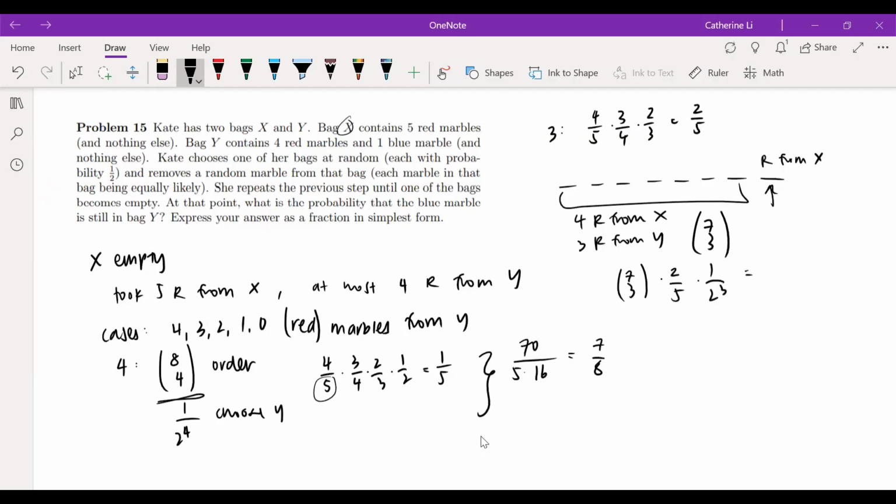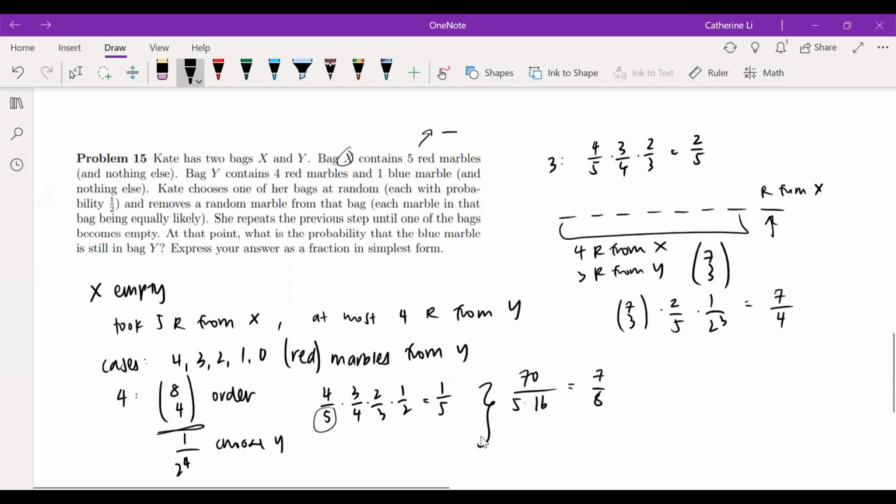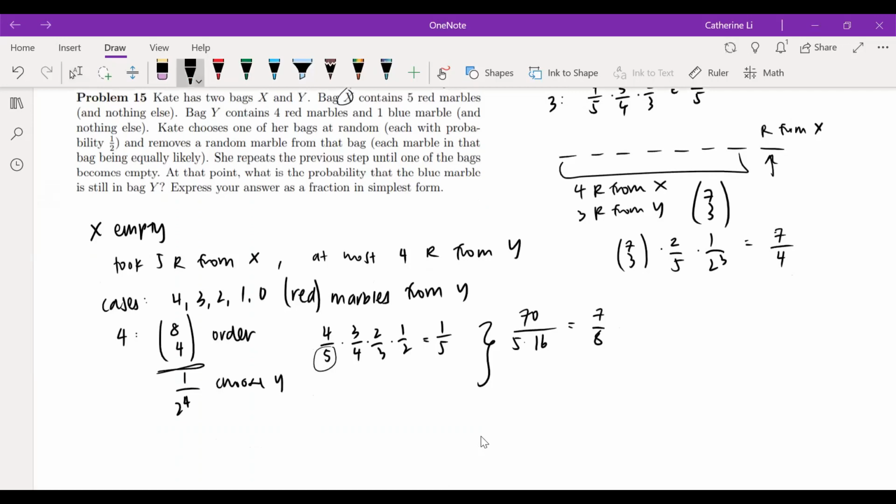So that gives us 7 over 4. These are not strict probabilities because we're taking into account that we need 1 over 32 here from choosing X 5 times, but we can just multiply that in at the end. So this is not something to freak out about because it's greater than 1. And then for 2, it's the same thing.